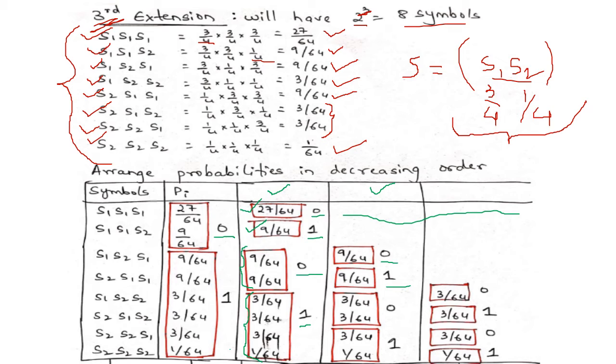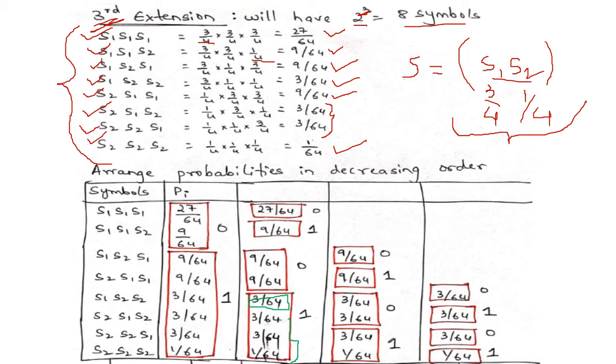So in this group we have 4 elements. So further subdivision is possible. So if I consider 3 by 64 in one group and all the remaining 3 elements in the second group, again both group probabilities are not approximately equal.